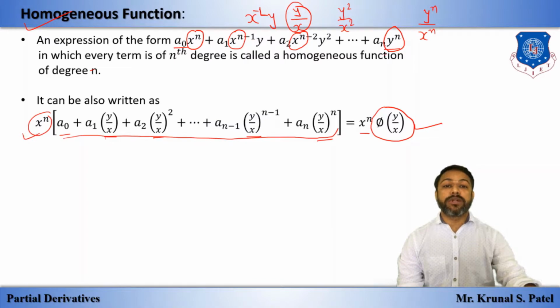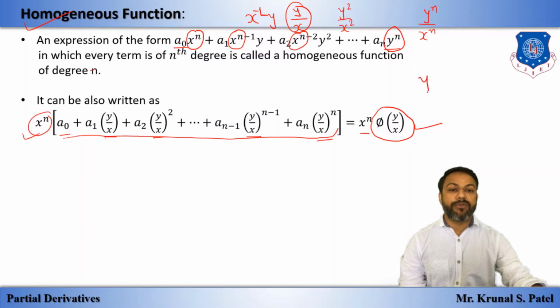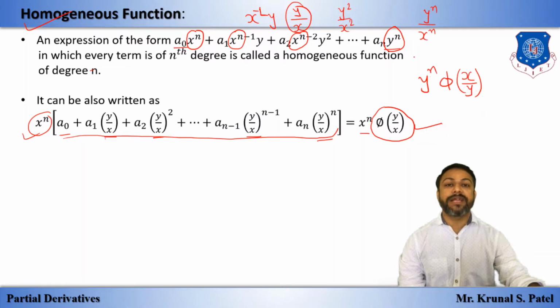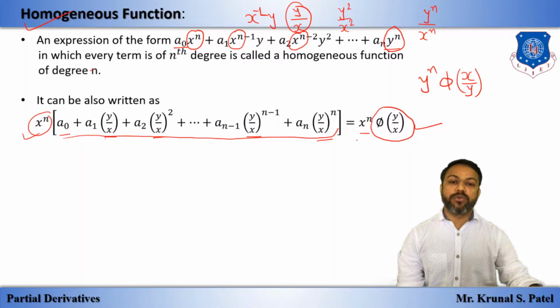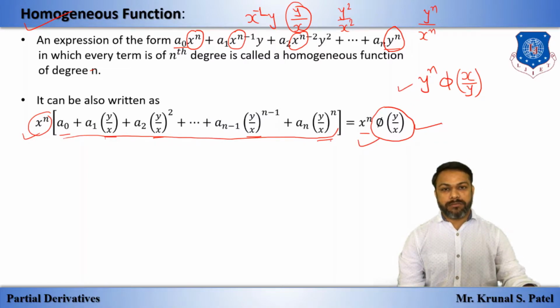If you want to take y raised to n common, you can also do that, and the expression will be of the form y raised to n phi of x by y, because we are taking y raised to n common. So you can do this or this, whatever you want to take common, x raised to n or y raised to n, and this n is the degree of the function.